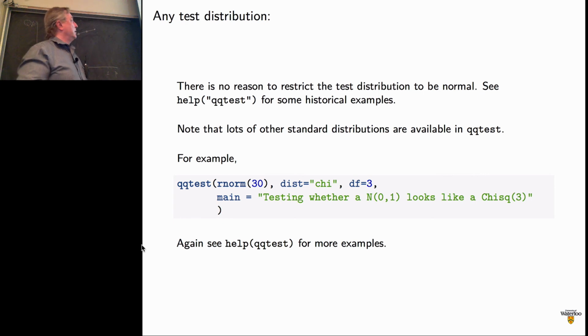self-calibrating quantile-quantile plot. So for example, we looked at last day, we're generating data from a normal, 30 observations from a normal, and we're wondering whether that comes from a chi-squared on 3 degrees of freedom. And there are lots more examples in the package.